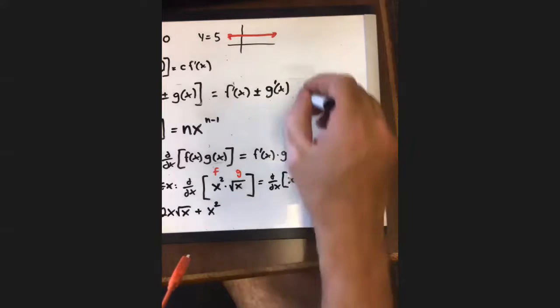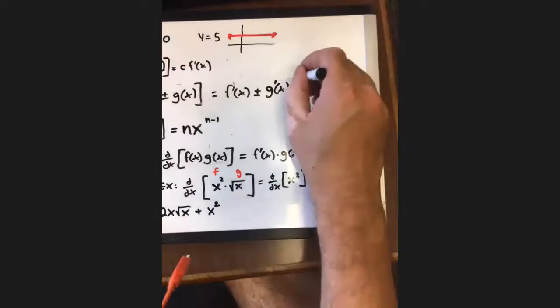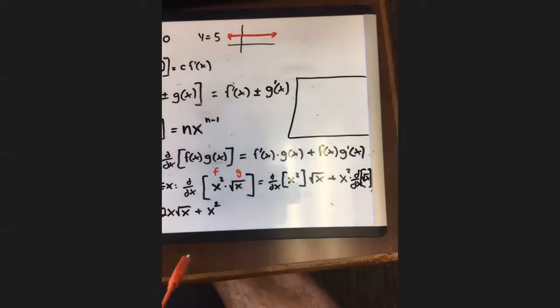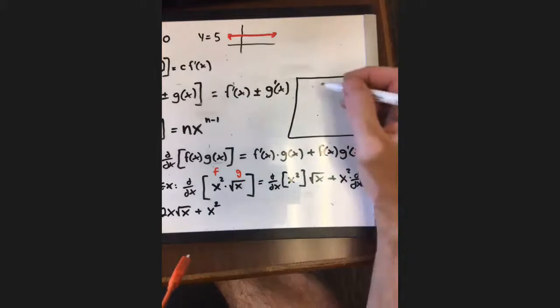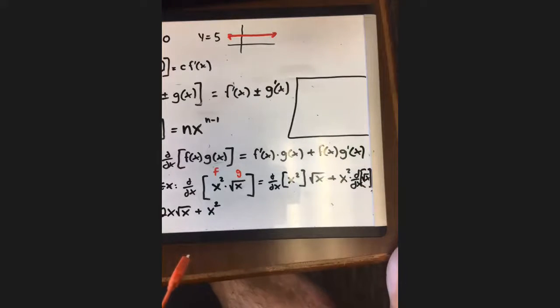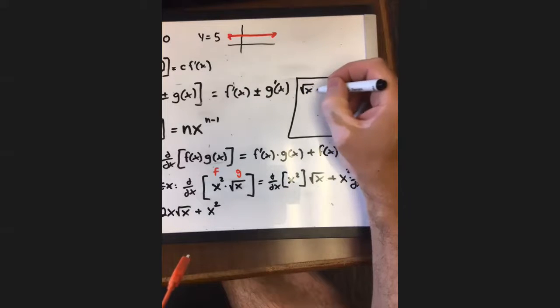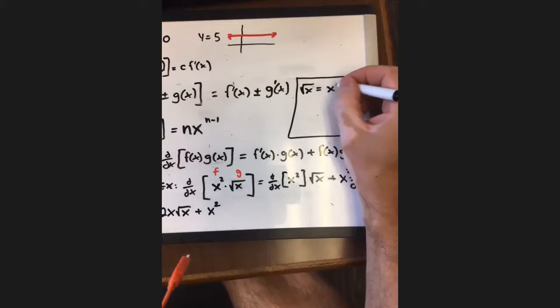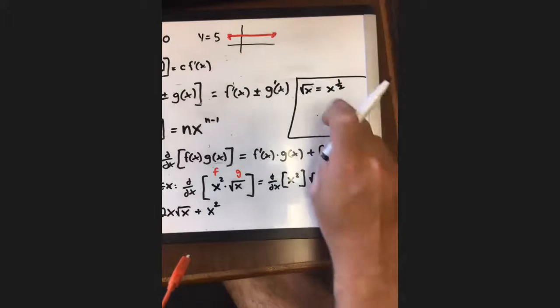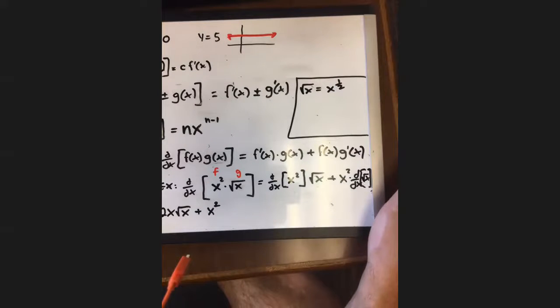root of x. Now that's actually worth a little sidebar here, because we haven't really learned how to take the derivative of a square root function. But what you might recall from college algebra is that we can rewrite a square root as a fractional power. So the square root of x is the same as x to the 1/2 power. And if we write it as the 1/2 power, the derivative is actually very easy to take.